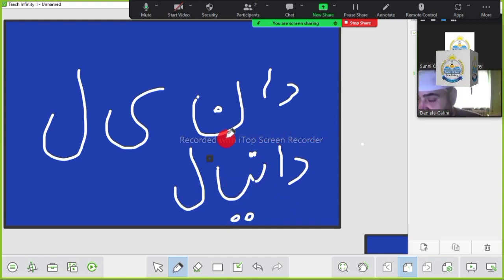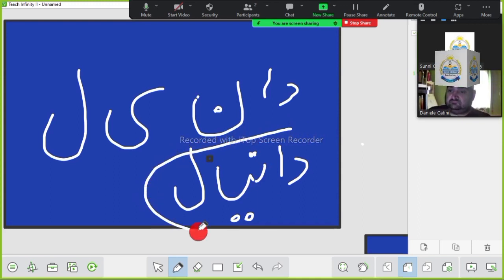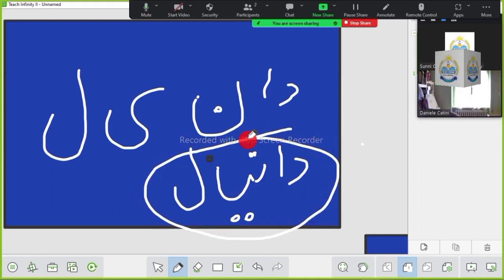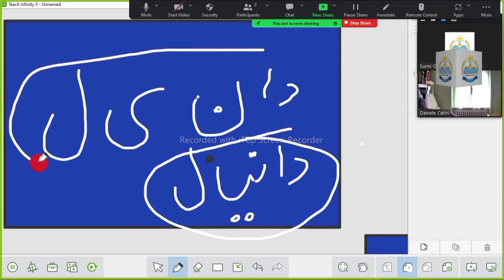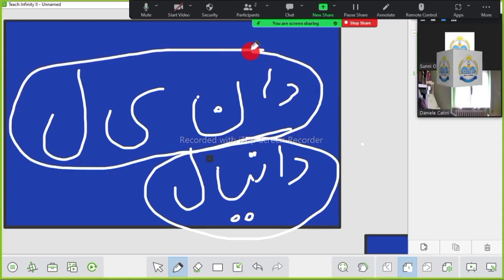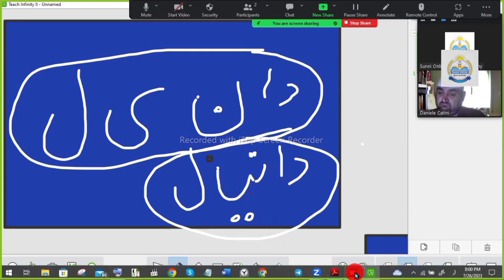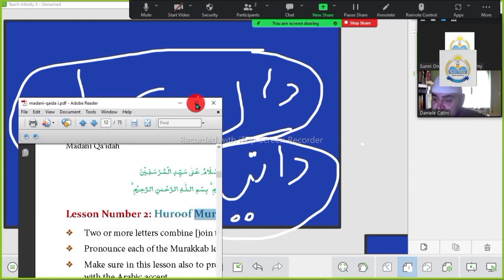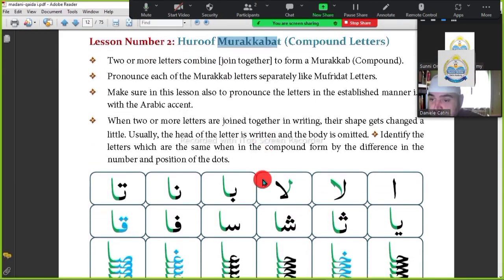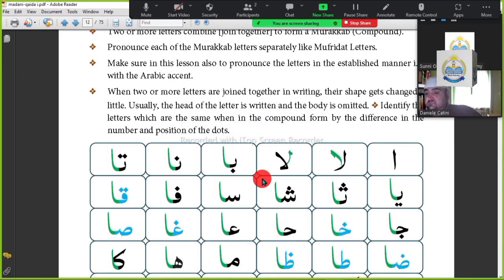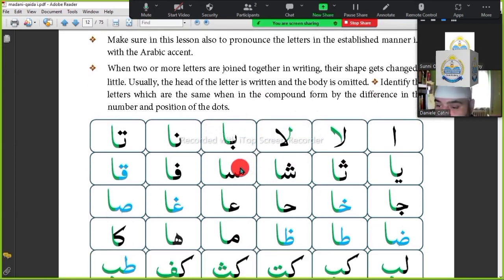This is in murakkabat letters, and this is in mufradat letters. Okay, one by one. And combining and joining letters. Okay. Understand? Understand? Yes. Yeah, good. Okay, start here.